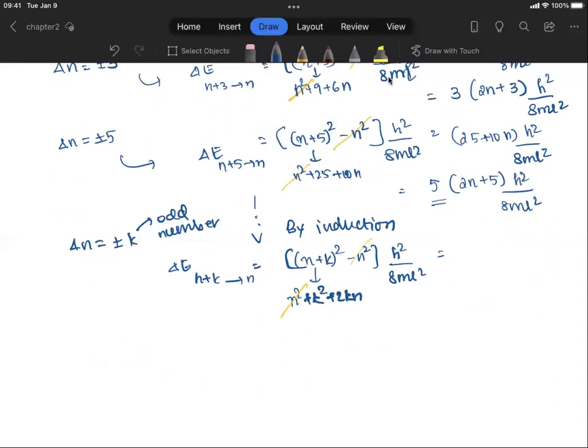I can just write using what we've seen before. So this can be written as k squared plus 2kn times h squared over 8ml squared.